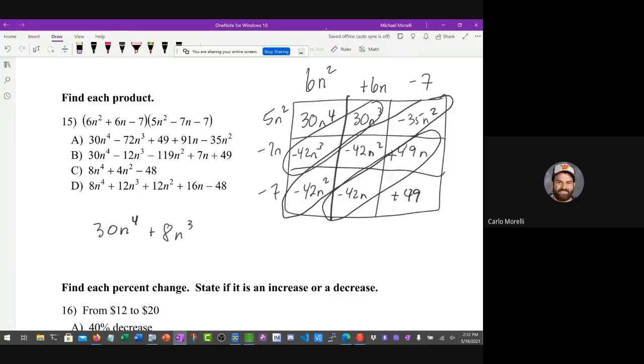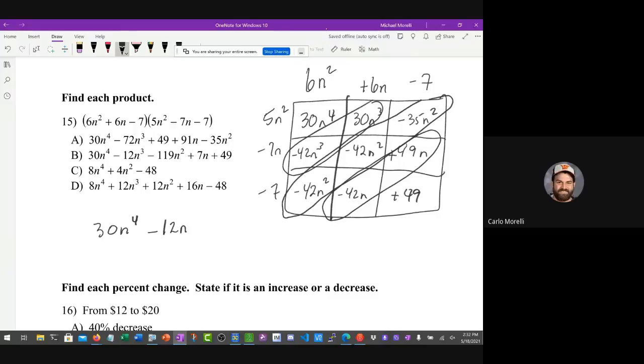Oh, it's negative 8n cubed. Negative 42 plus 30. Oh, it's negative 12, bro.